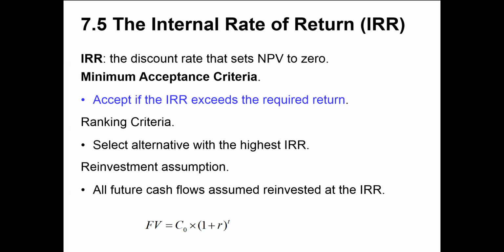If the required return for this project is less than 10%, you can say that you will invest in this project, because the internal rate of return is higher than the predetermined required return.